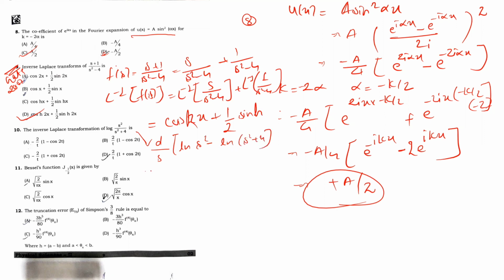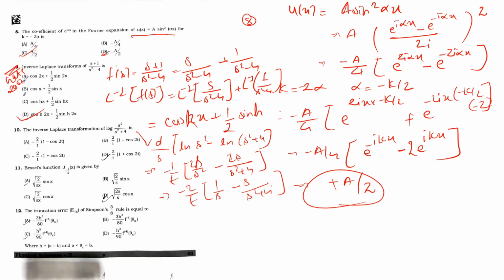This is how you will write. And from here, this will give you minus 1 by 2. And when you differentiate this, you will get 1 by s square. Numerator will have 2s minus 1 by s square plus 4. This is also 2s. From here you can take 2 common. This s and s will get cancelled, so you will get minus plus 1 by s, and here you see it is s by s square plus 4.